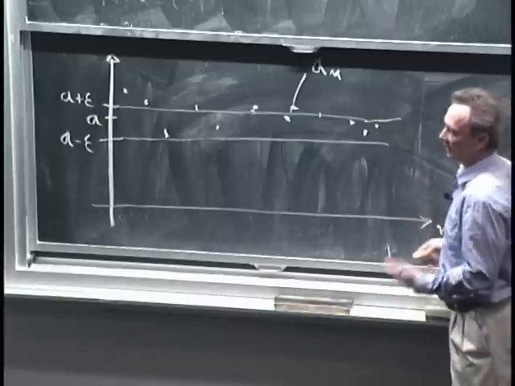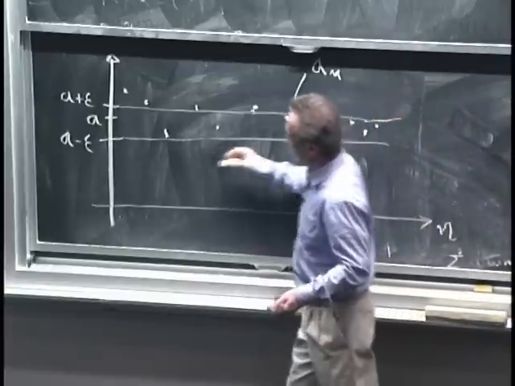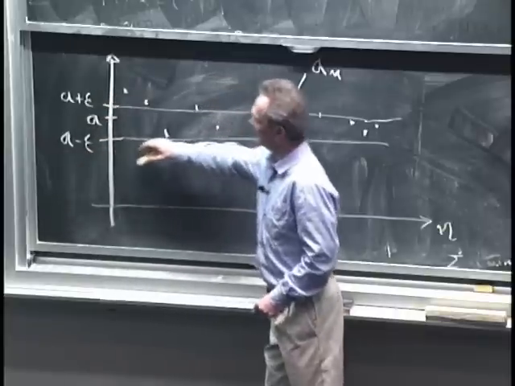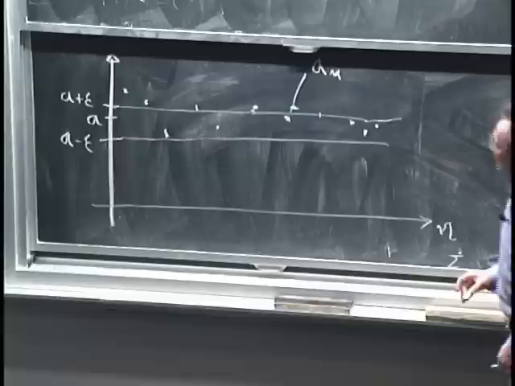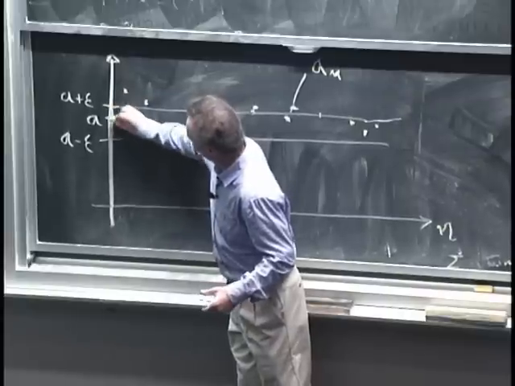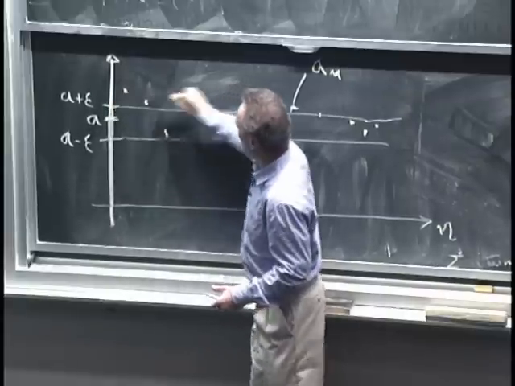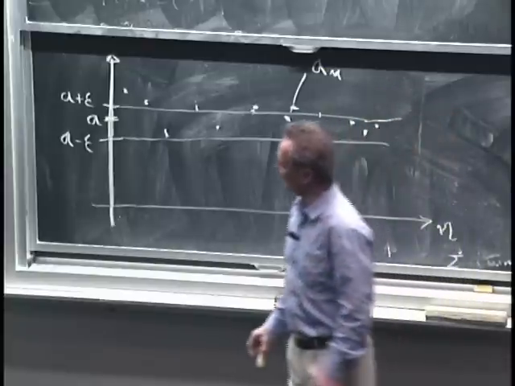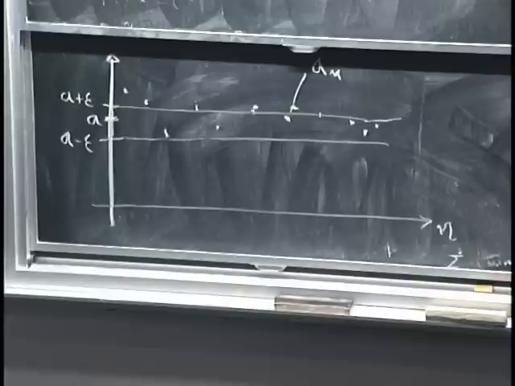Since they converge to A, eventually they will be smaller than A plus epsilon and bigger than A minus epsilon. So convergence means that given a band of positive length around the number A, the values of the sequence that you get eventually get inside and stay inside that band. So that's sort of the picture definition of what convergence means. So now let's translate this into a mathematical statement.